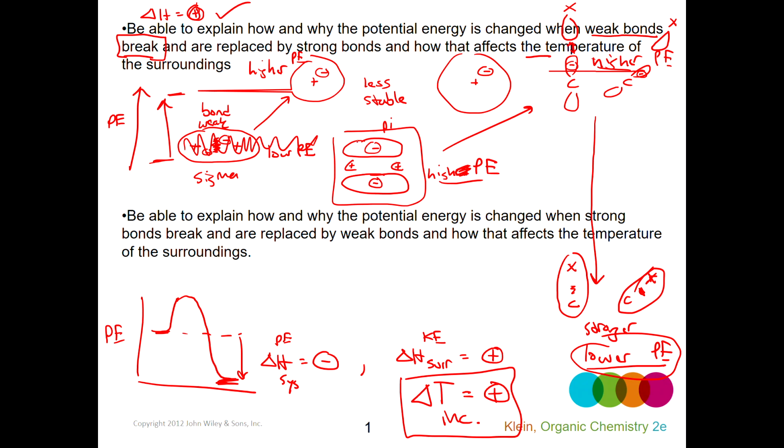In the second bullet point here, we're talking about breaking stronger bonds and replacing them with weaker bonds. So that would be the opposite. If the bonds are already holding the electrons in orbitals that allow them to form nice attractions, there's not much potential for them to rearrange and attract in any better way than they already are. That's a low potential energy state.